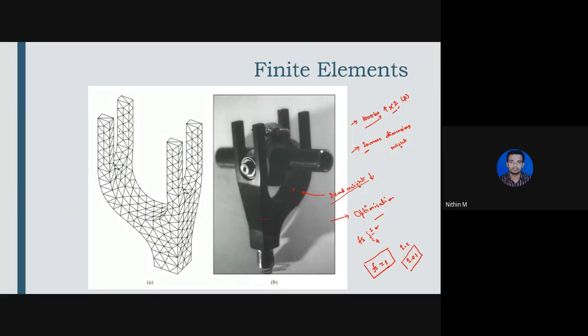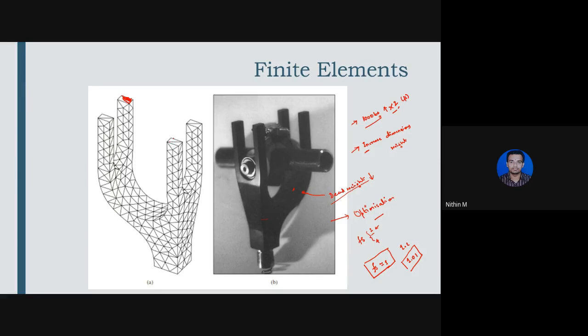So you can now see that this model is composed of tetrahedrons, as I am highlighting here. So there are multiple tetrahedrons. This prosthetic is divided into multiple elements. Each triangle or each tetrahedron that is present here, which is basically a three-dimensional body, is called an element.